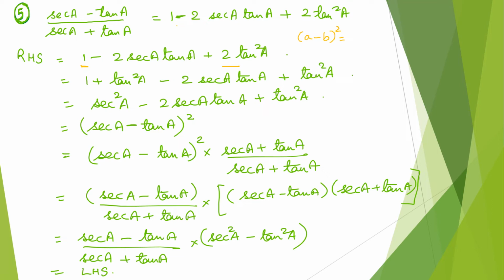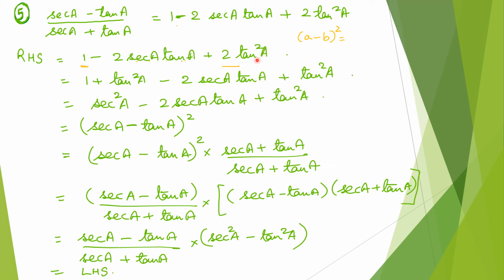That means I have to convert this. This is 2 secant a tan a. I am having tan square a, but I want secant square a. If I want to convert it into a minus b whole square, I need one sec square a and one tan square a.